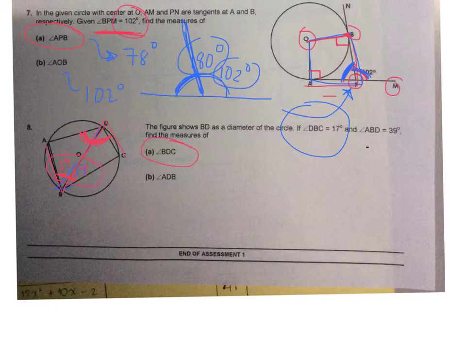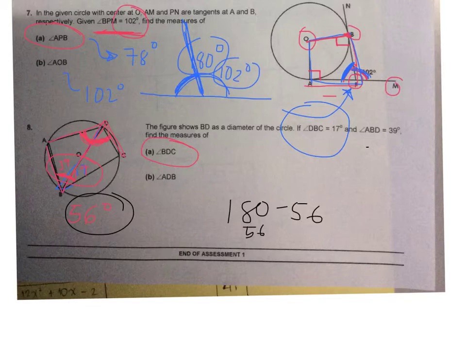If this is 39 and 17, that's a total of 56. To find the whole angle ADC, we subtract 56 from 180, and we have 124 for the measure of angle ADC.